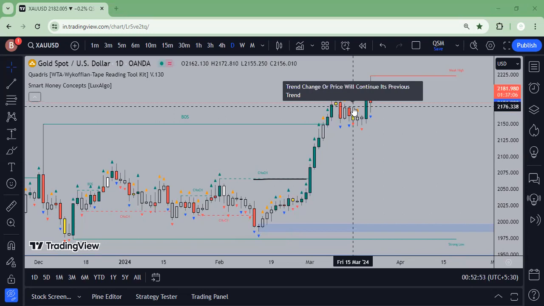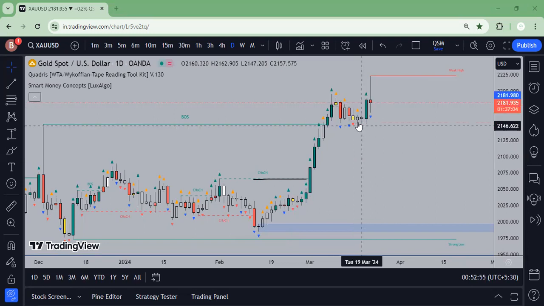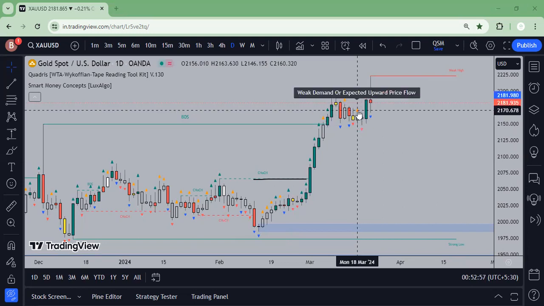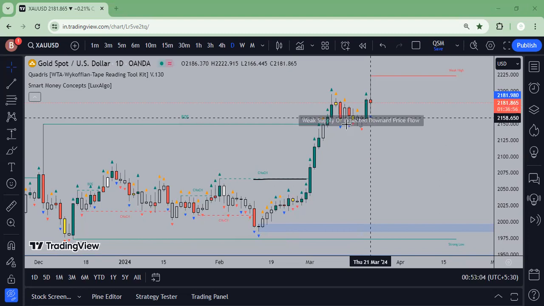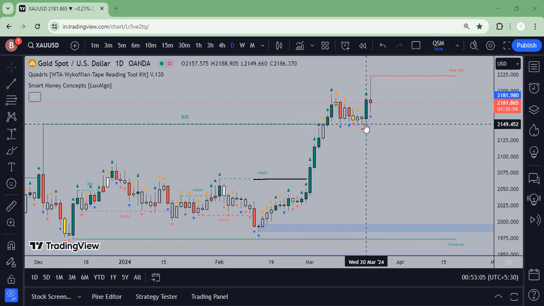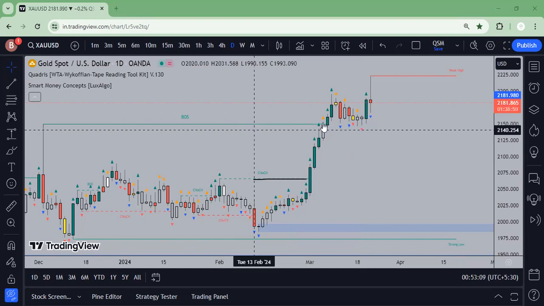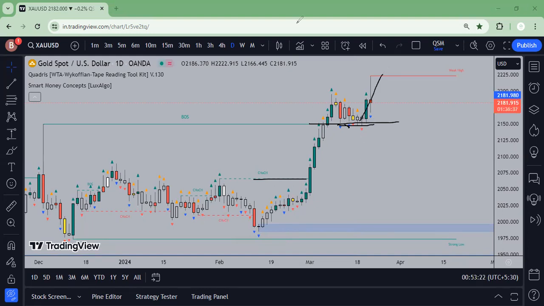Trend change or price will continue its previous trend, and again weak demand followed by weak supply. That suggests to us that it is a spring on this particular level. That too, if you see, there is a confluence of break of structure as well as a spring on the local support level. So that's the reason we got this one.